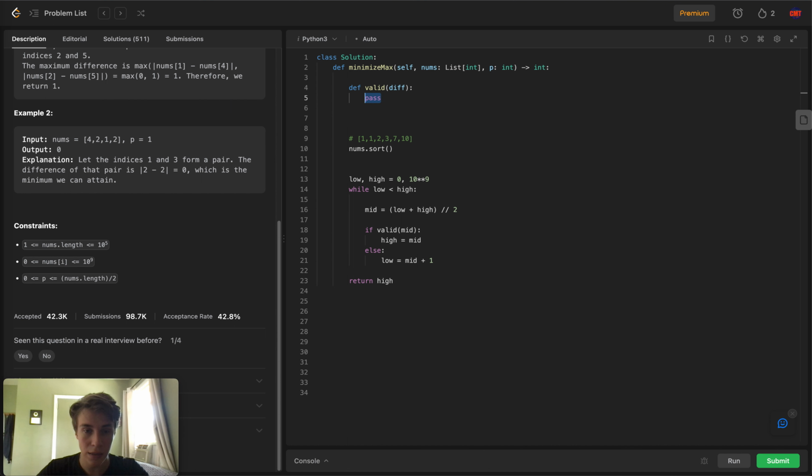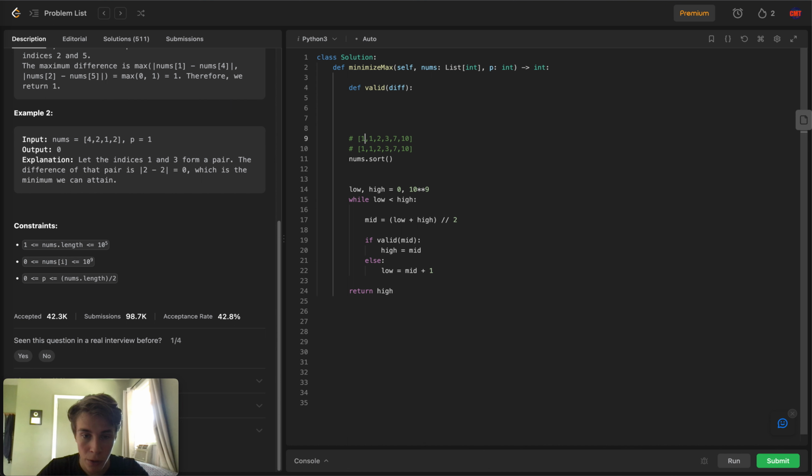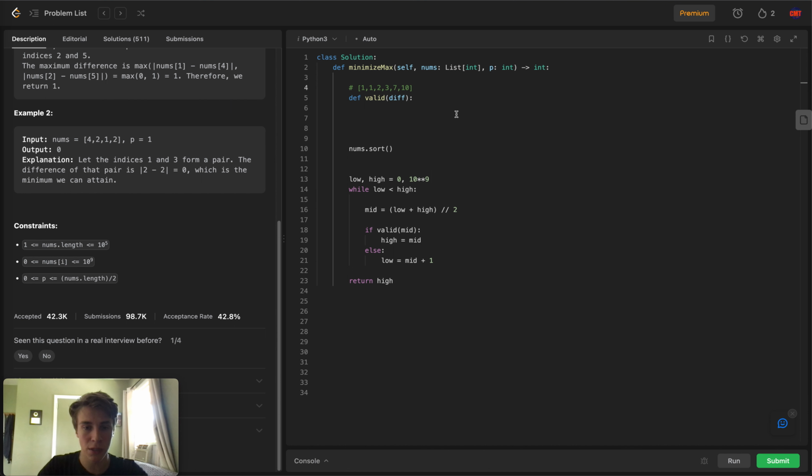Now, what do we do in valid? In valid, we do what we were thinking here. What I was explaining in simple words here, that we iterate over the array and we try to see, no, not the minimum, what number of pairs, or can I find p pairs in this array?